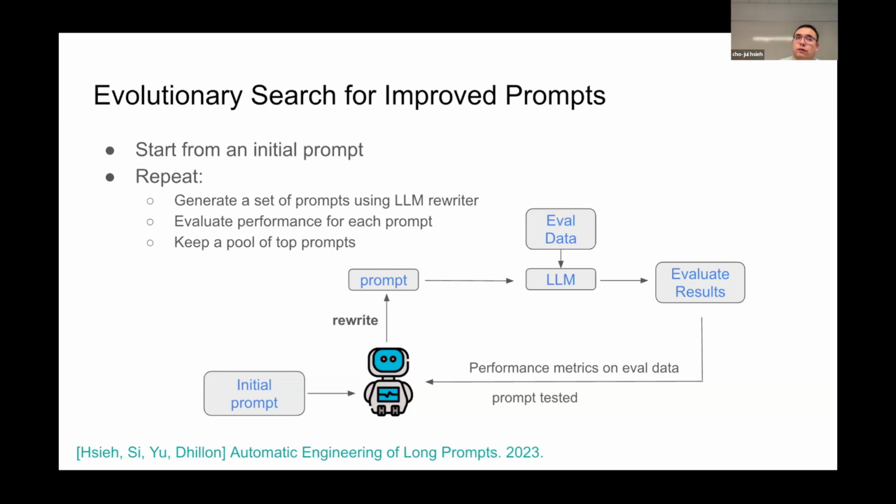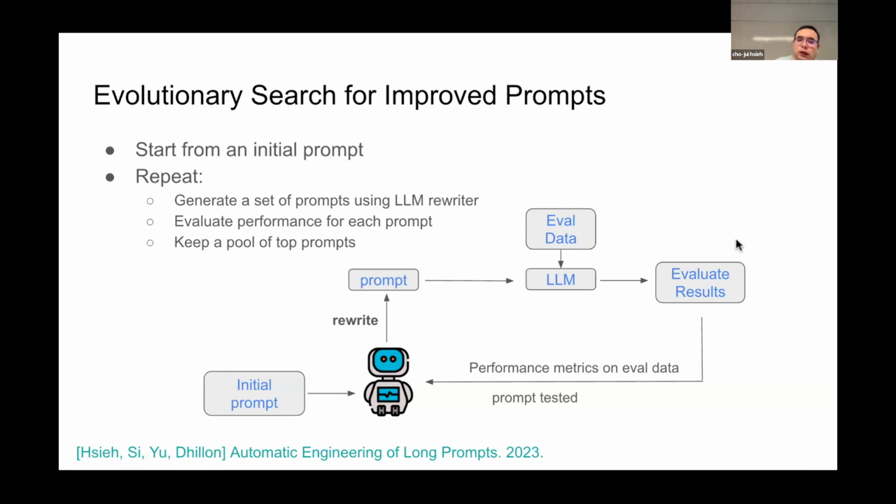Like I mentioned, we assume, for example, you have 100 data points to evaluate how good the prompt is. So we can evaluate the performance of each prompt and get the results. Then the algorithm can look at the results to decide which prompts to keep in the pool, or how to rewrite the prompt in the next iteration.